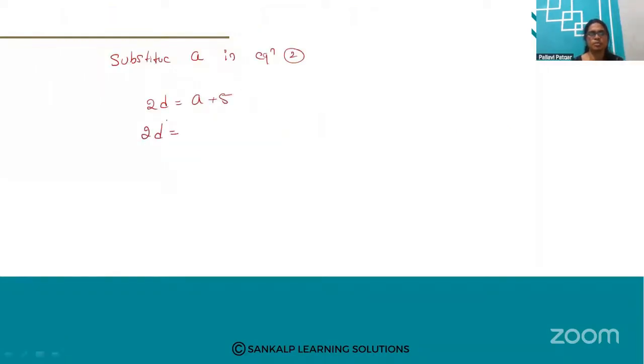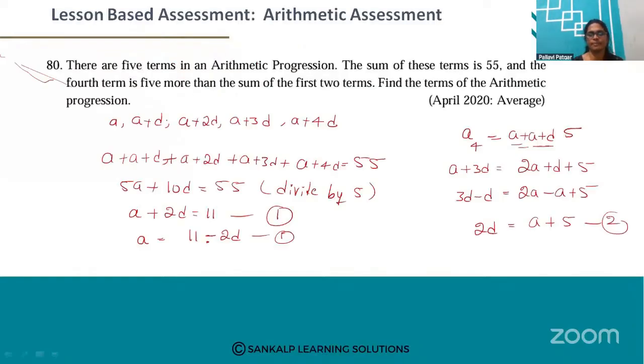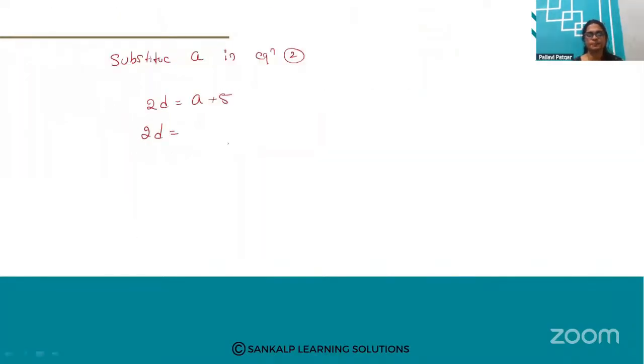So 2D is equal to, here A is 11 minus 2D, plus 5.